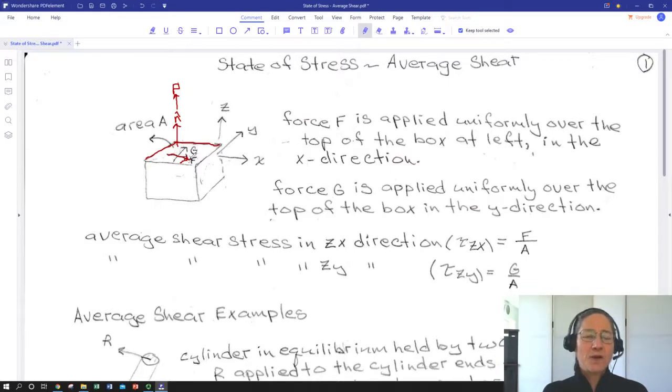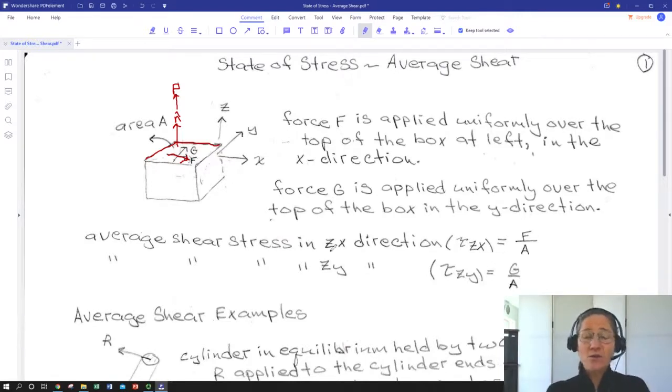If we apply a force F in the x direction on that top face, we can define a stress called shear stress, tau, or shear stress zx, meaning it's on the z face, the face whose surface normal is in the z direction, but the force creating that stress is pointing in the x direction.